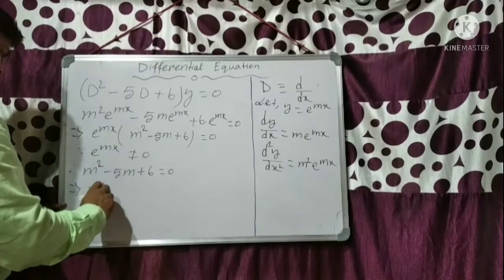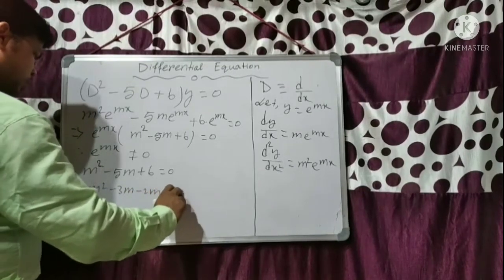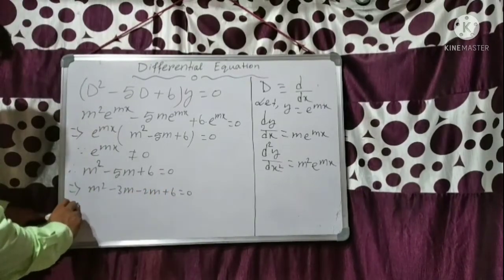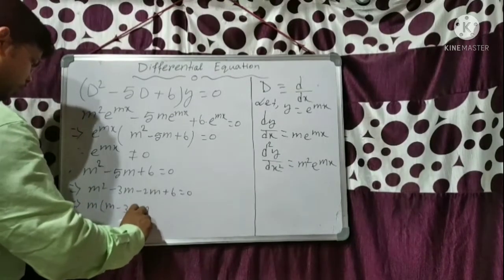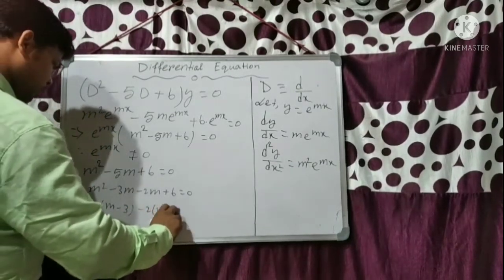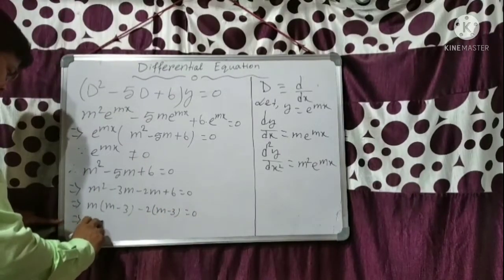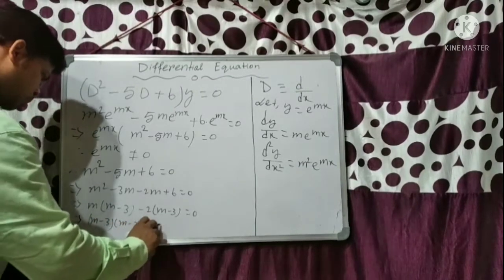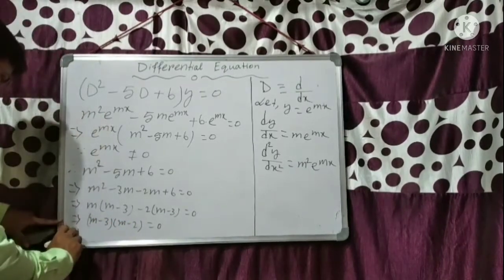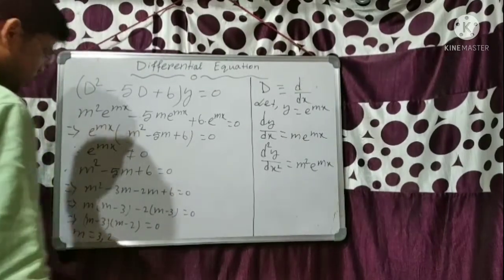This will be m square minus 3m minus 2m plus 6 equal to 0. If I take common m, this will be m into (m minus 3) minus 2 into (m minus 3) equals 0. This implies (m minus 3) into (m minus 2) equals 0, so m equal to 3, 2.